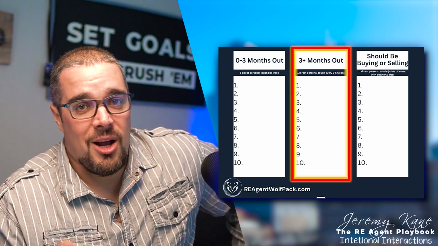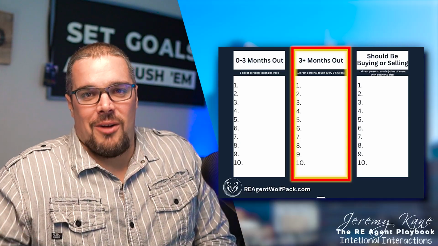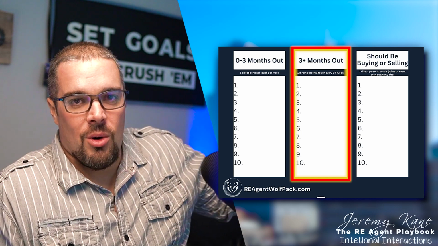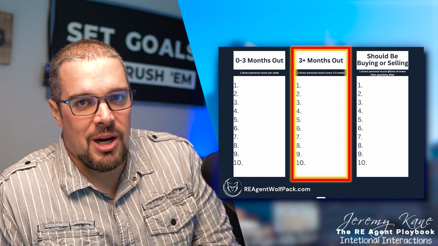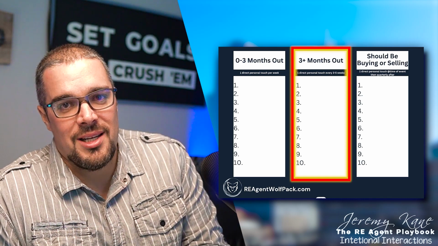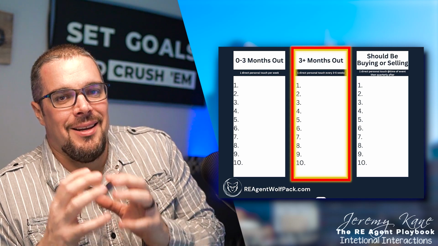Whether they're driving around, they stop in a new build and they get captured, or not captured, I guess. I'll digress a little bit there, but they're driving around, they go under contract with a new build, or they're at a work function and they're like, oh, you got to use my realtor. And then that realtor takes action and has that communication and they're off to the races. This is something that's super important for you to stay top of mind.